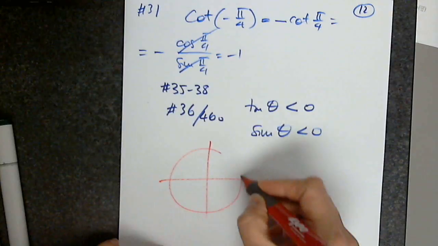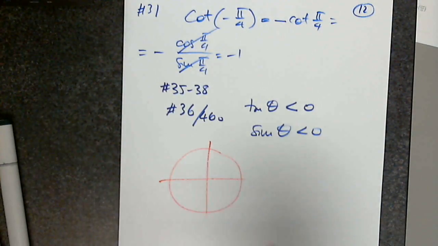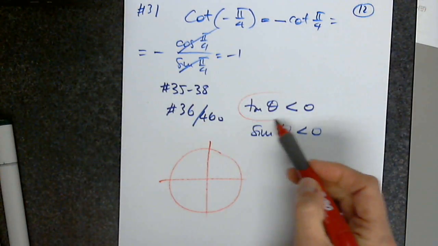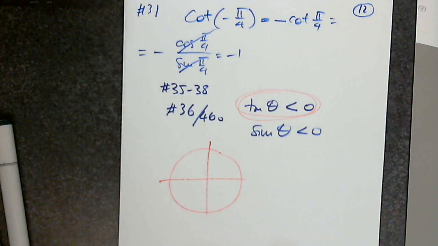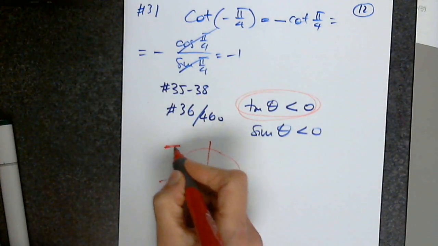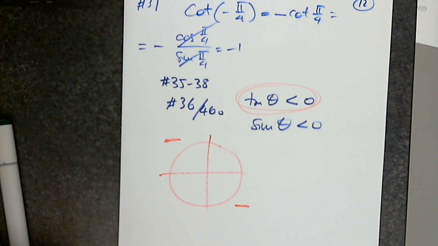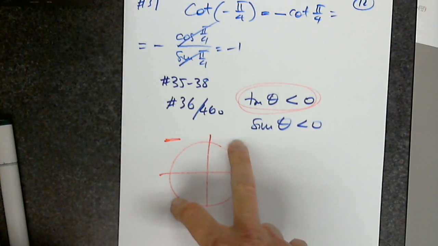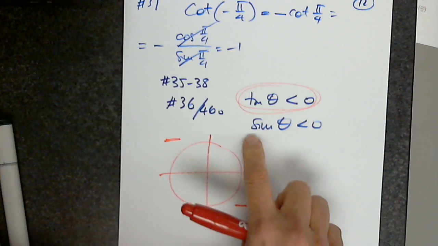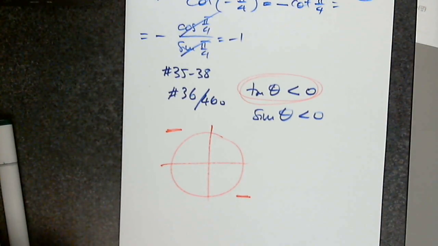That's all they want, nothing else. So go back to the unit circle. Can anyone tell us where is tangent negative? Second and? Because here they have the same sign. Sine and cosine have the same sign, so tangent has to be positive. Where is sine negative? Careful. Sine is measured on the y-axis. Sine is positive here and negative here.